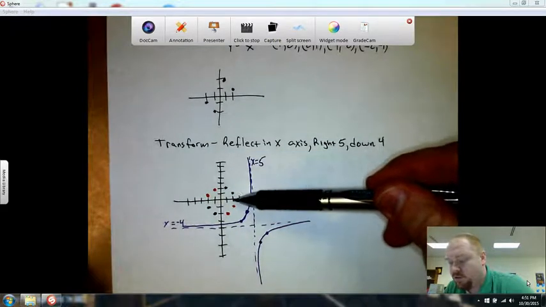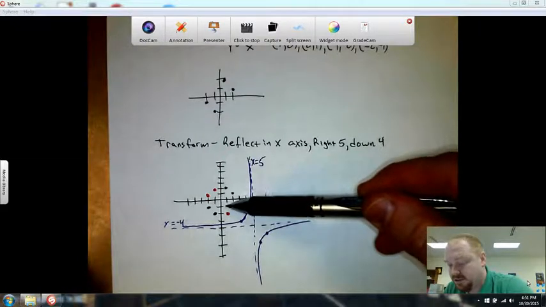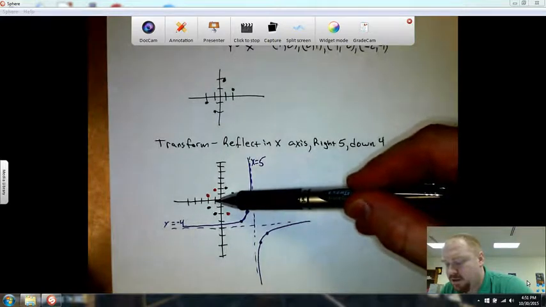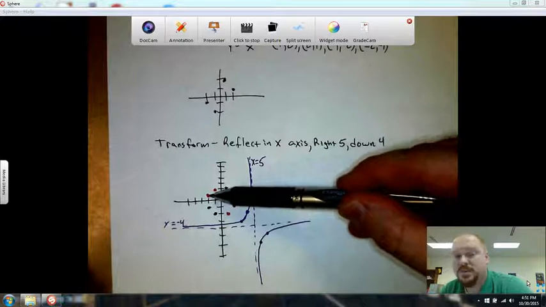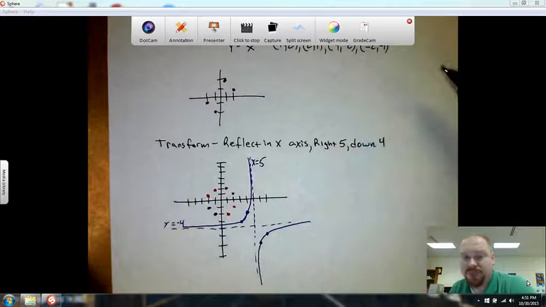It took me one space to get there, so I went one space past. 2 spaces up, 2 more spaces up. 1 space up, 1 more space up. So the red points came from my reflection.